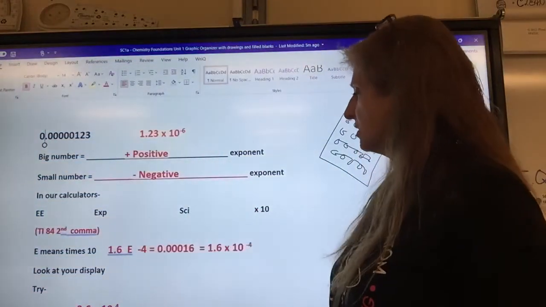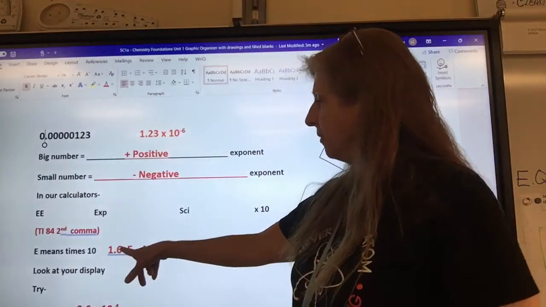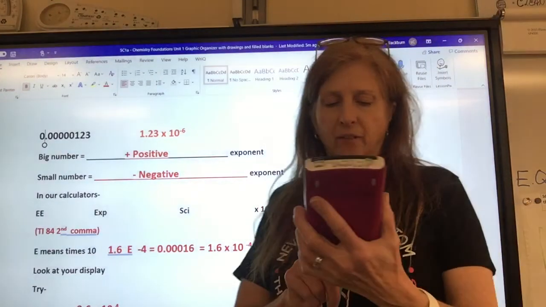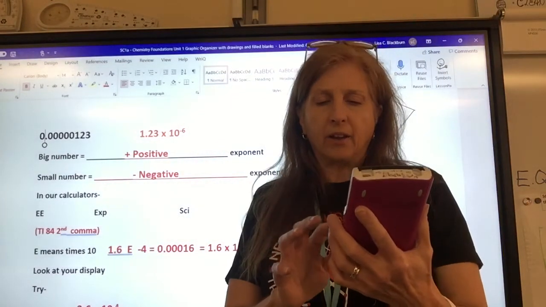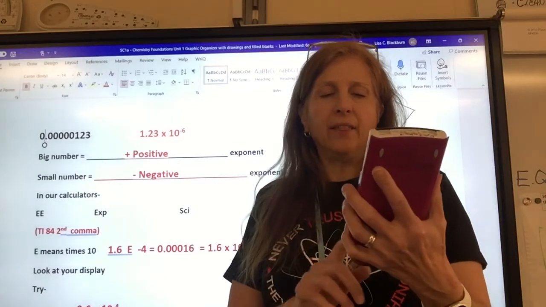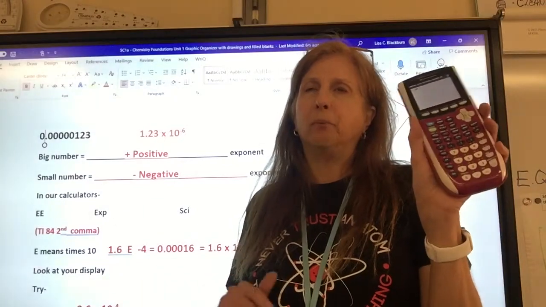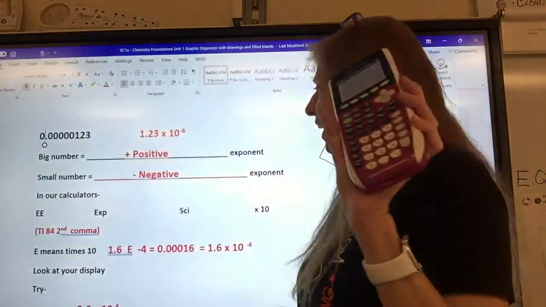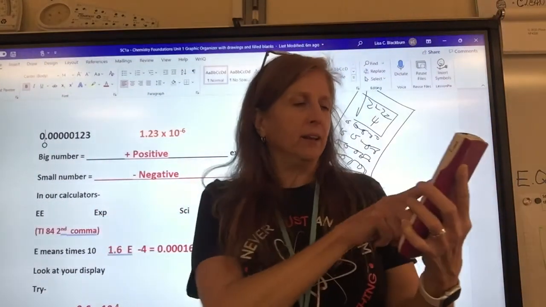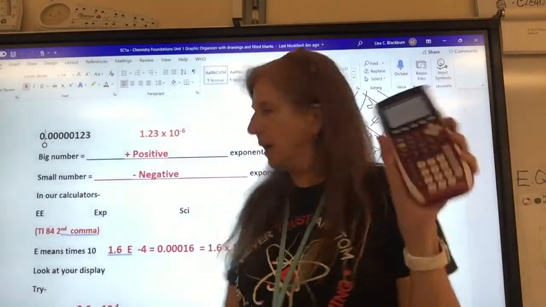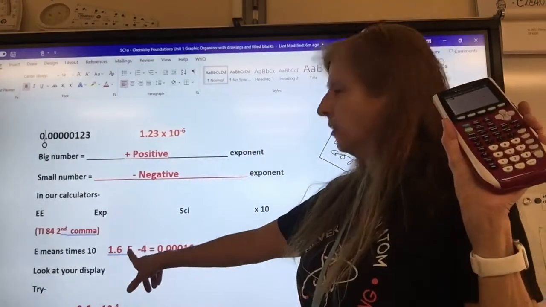All right, so this one, we're going to put it in our calculator. It's 1.6, so everybody turn on your calculator. Okay, clear it out. And then if you have this kind of calculator, or whatever you have, see if you can put in 1.6, and then push your EE button. Mine, I'm going to do second comma, and it's going to put a little E on there.